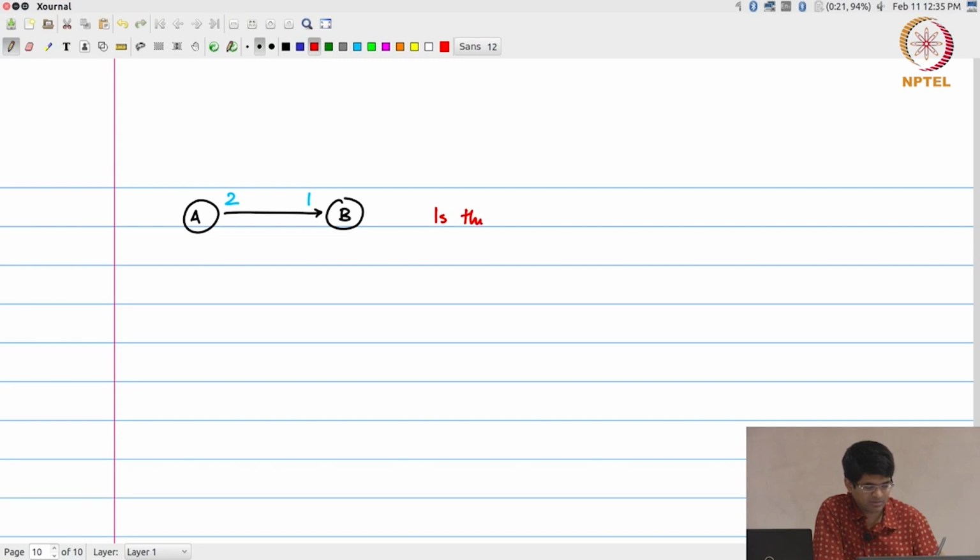Is this even acceptable? What would you say? Is it possible to implement something of this sort? Yeah, there is actually nothing preventing you from doing it, right? All that it means is, A will produce tokens at a certain rate, B is consuming only at half that rate, which effectively means that every time that A fires, B will have to fire twice to take out the data that A generated, okay? But that's all there is to it, right?